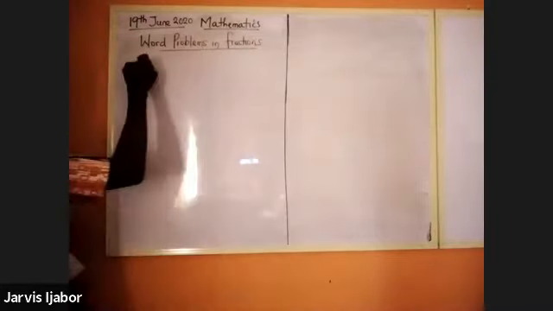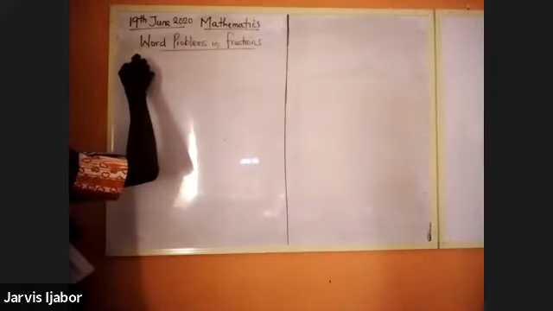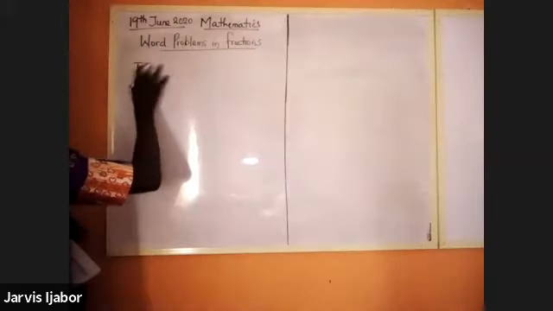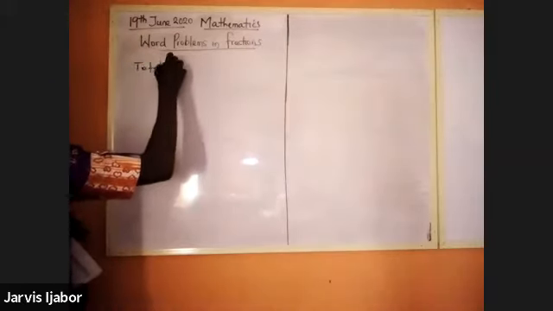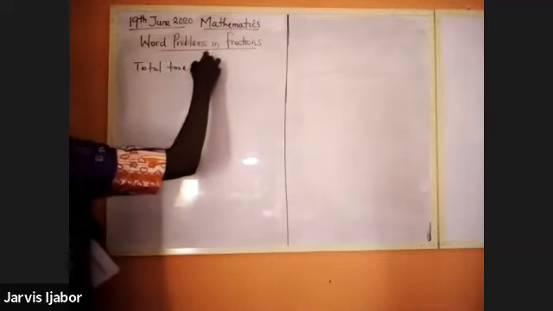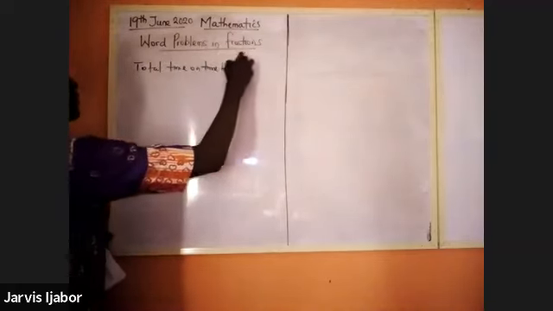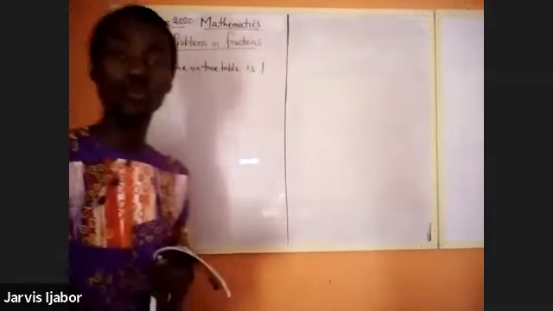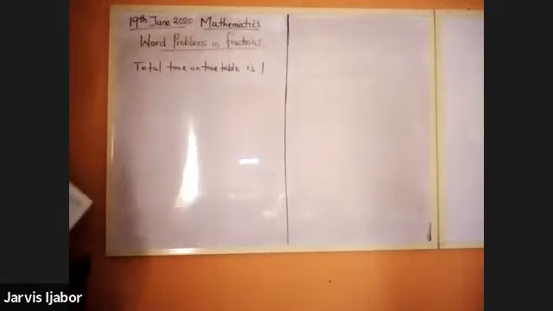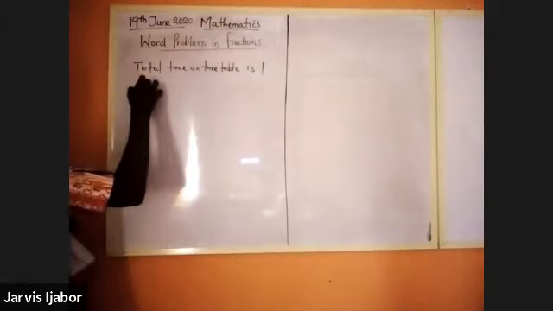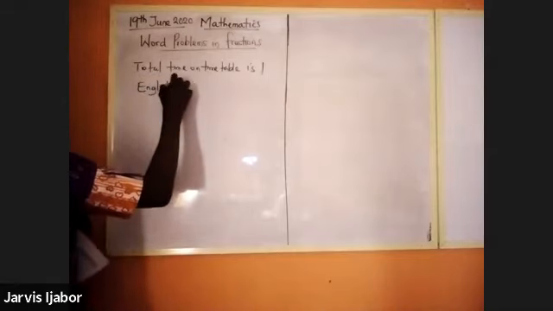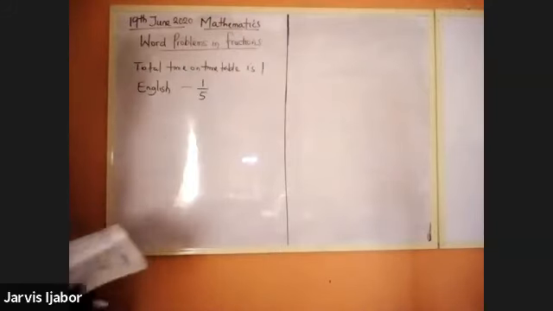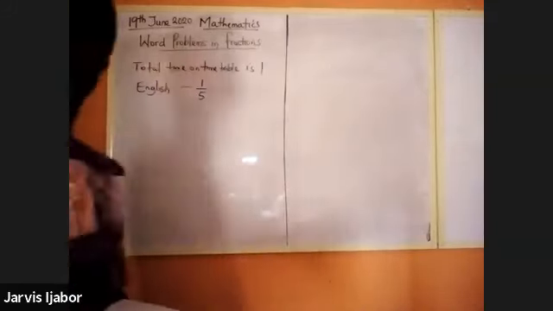So we start by saying that time on timetable is 1. That's the total fraction. Total time on the timetable will be what? 1. Now, so English language is allotted 1 over 5. English is allotted 1 over 5.